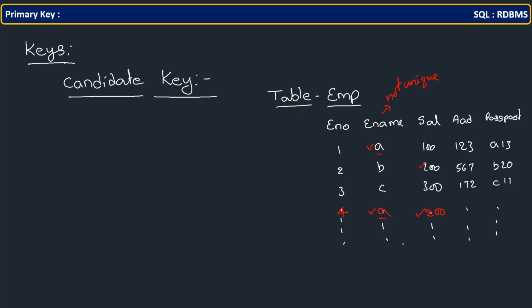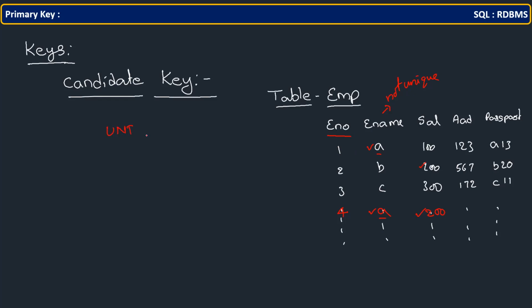But if you come to the employee number, in any organization every employee has a unique ID. No two employees have the same ID. So that means unique.